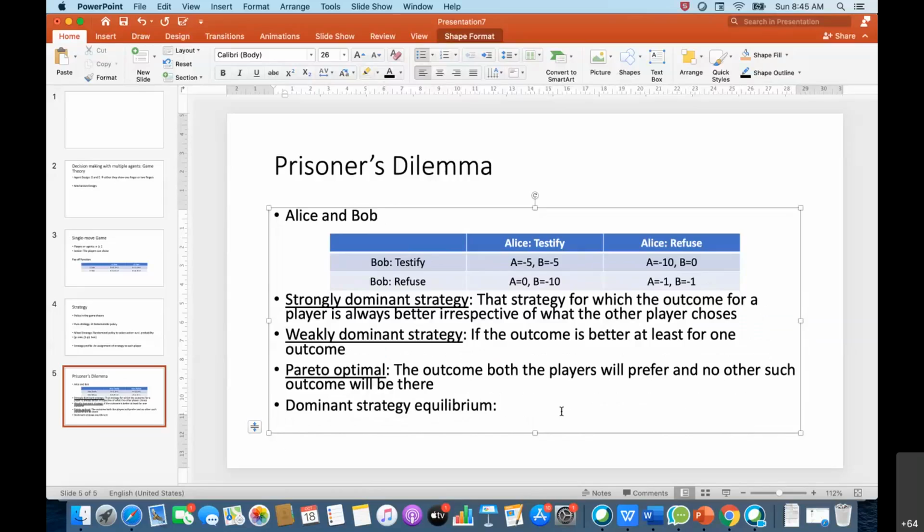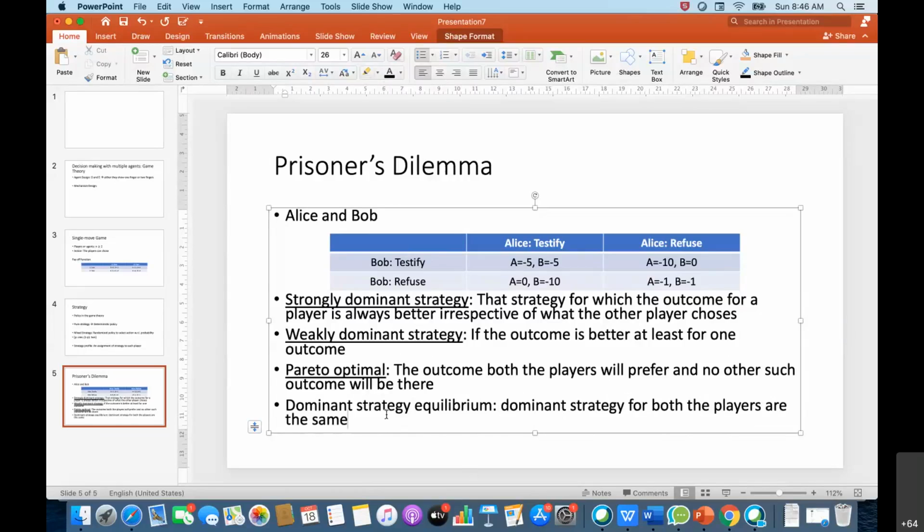That is, if the dominant strategy for both the players is the same. So this is called dominant strategy equilibrium.